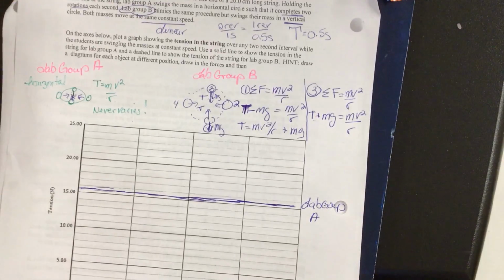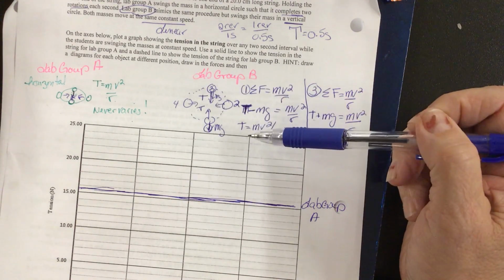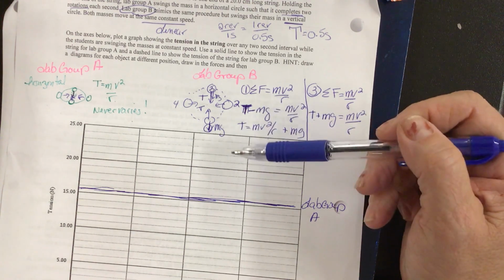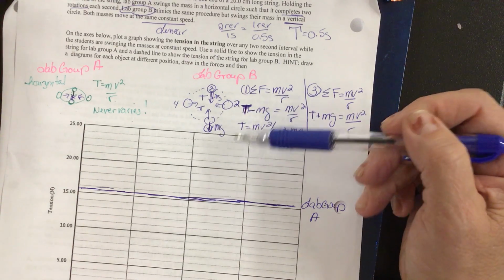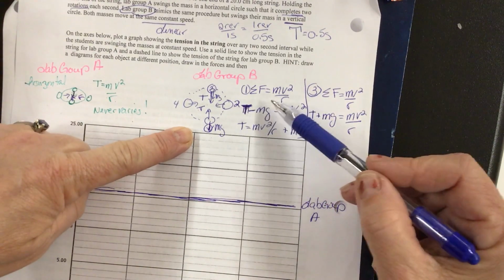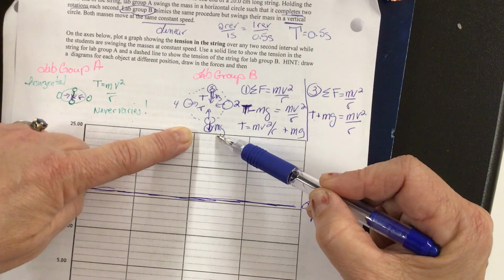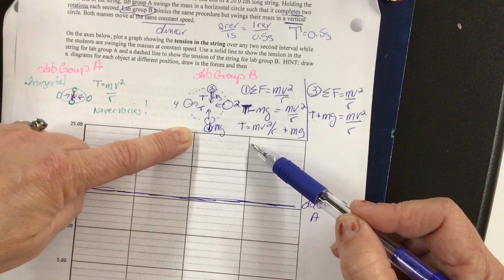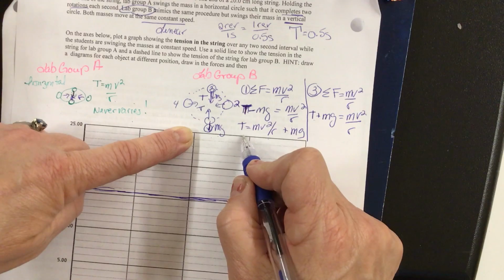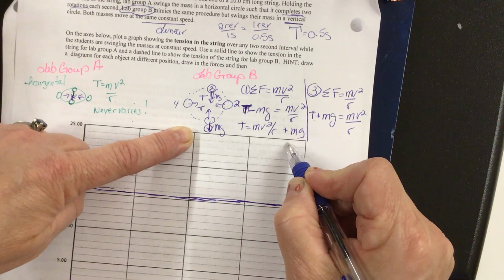But lab group B is going vertically, and in each position of the circle, the tension's actually varying because in the y direction, both at the top and the bottom, weight is having an effect on the tension. So at the bottom, the sum of the forces, which is equal to centripetal force, is really tension minus the weight of the object. And if you're solving for tension, because that's what we're supposed to calculate, then tension is equal to the centripetal force plus the weight of the object.